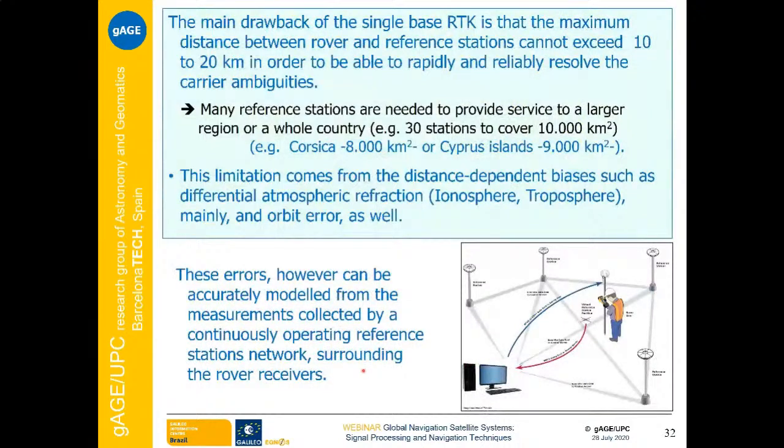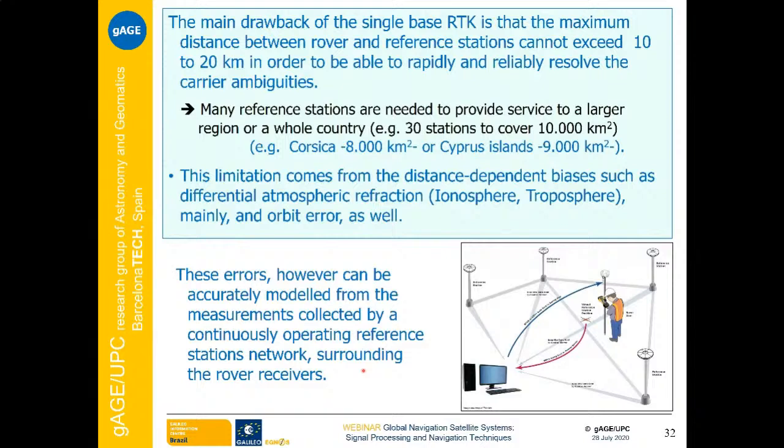Well, the main problem of RTK is this limitation in the baseline, that is the distance between the reference station and the receiver. As I commented before, this limitation is due to the ionosphere, because for long baselines, we cannot assume that the ionospheric error is the same at the reference station and the user receiver.